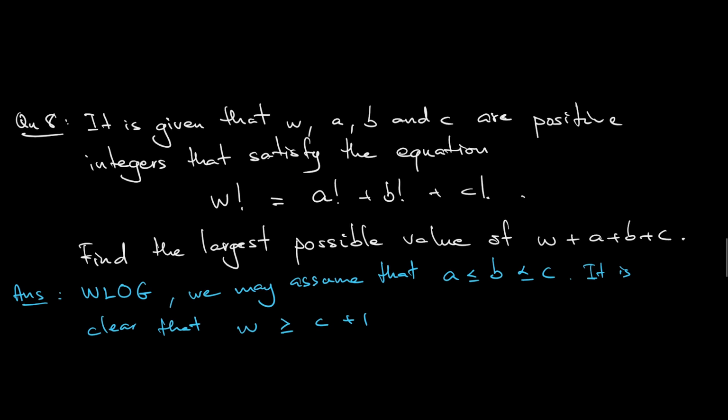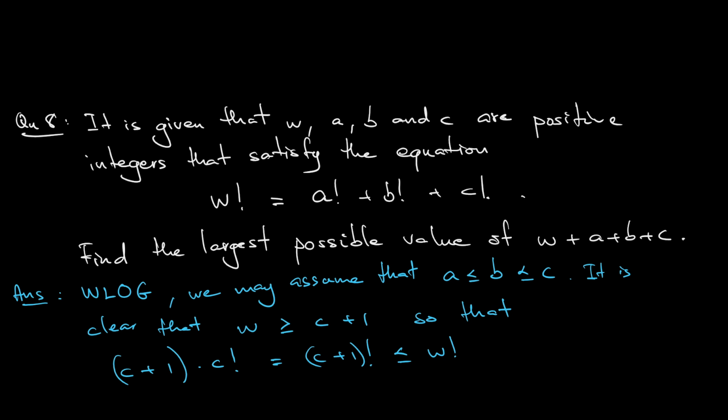Alright, so c plus 1 multiplied by c factorial, that is basically just c plus 1 factorial, is smaller than or equal to, because c plus 1 is smaller than or equal to w, so c plus 1 factorial will be smaller than or equal to w factorial.